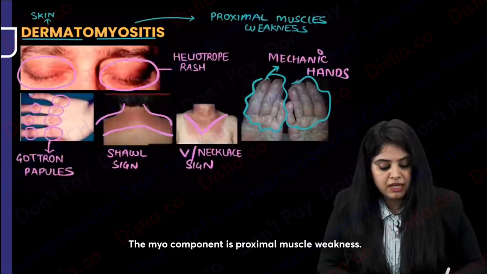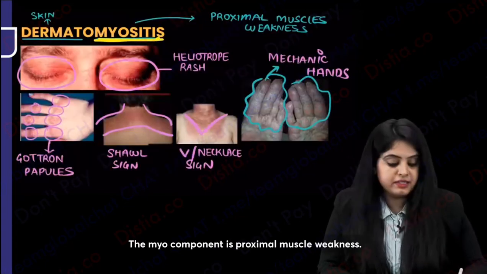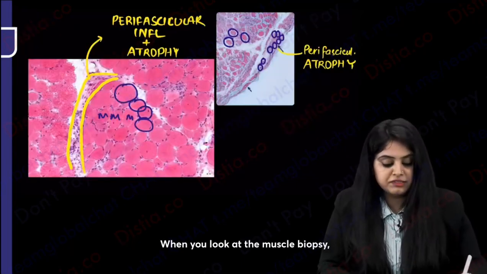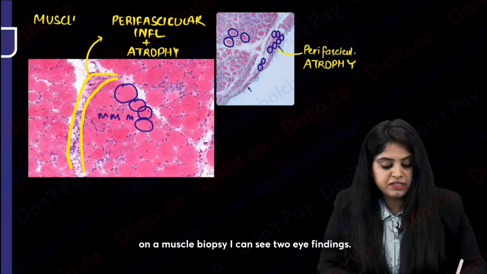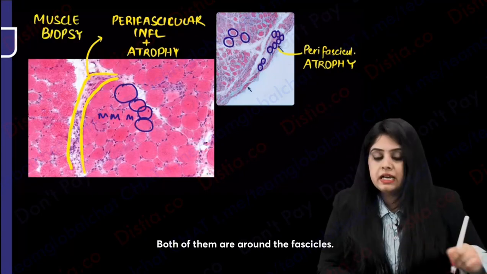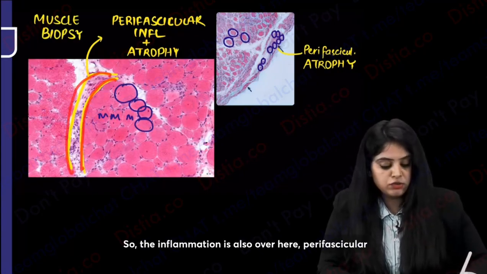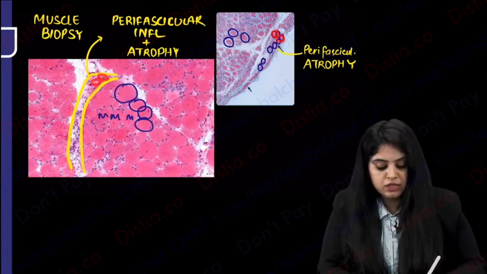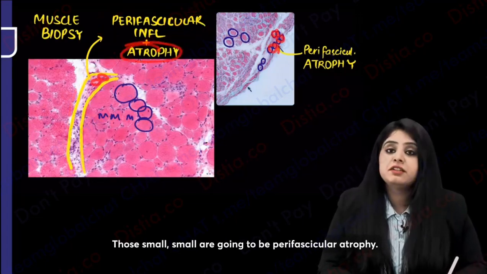Repeating once again, the myo component is proximal muscle weakness. The derma component, I've shown you a lot of pictures. On a muscle biopsy, I can see two findings, both around the fascicle. The inflammation is perifascicular, and all these fibers are going to become small, which is perifascicular atrophy.